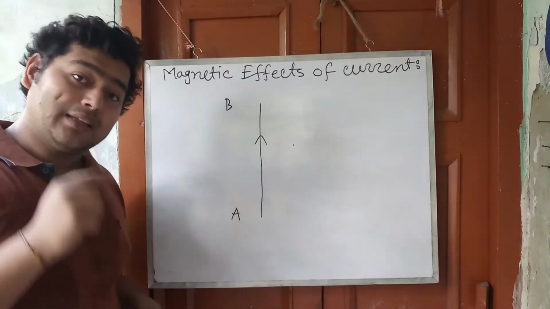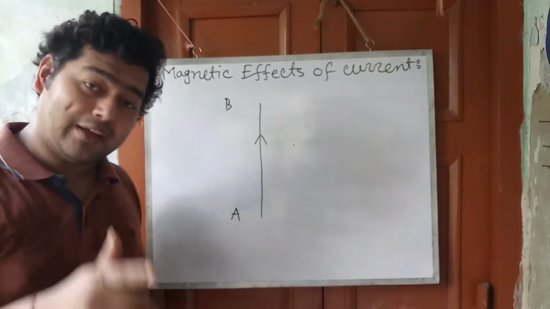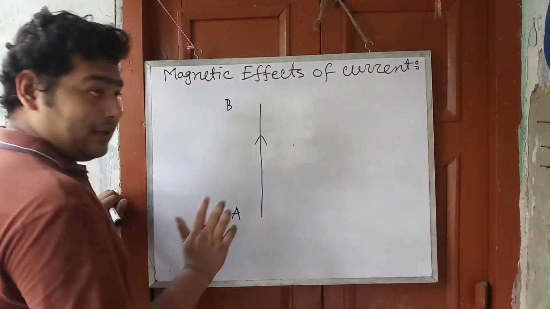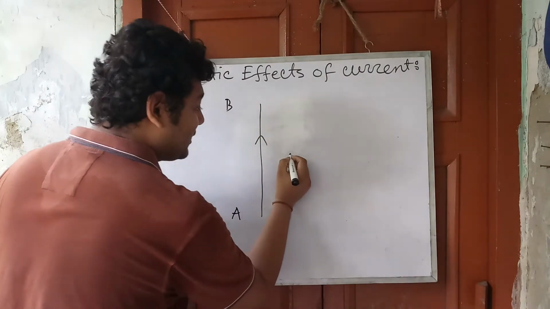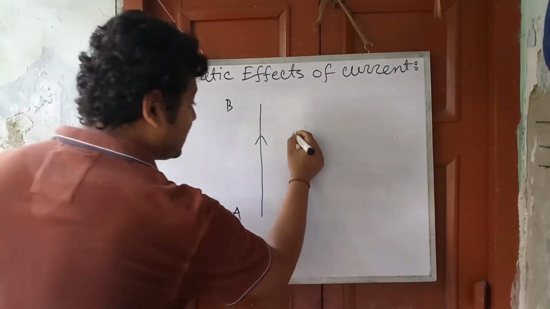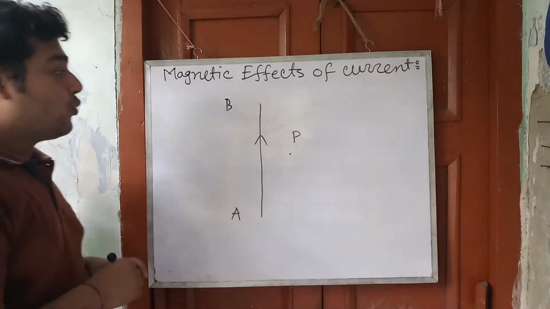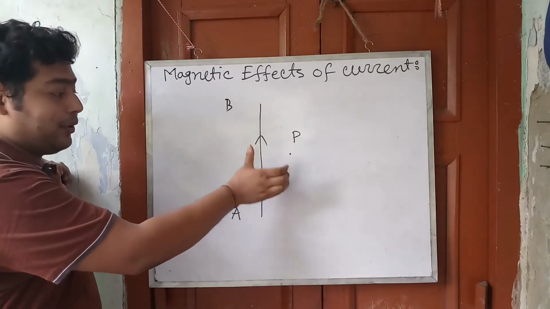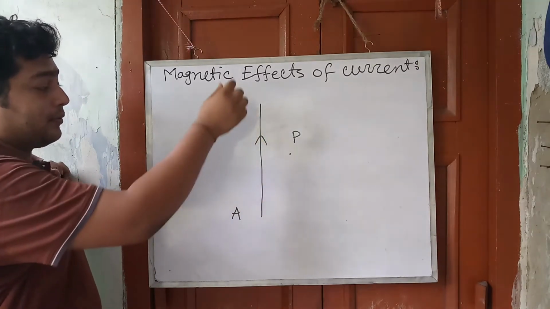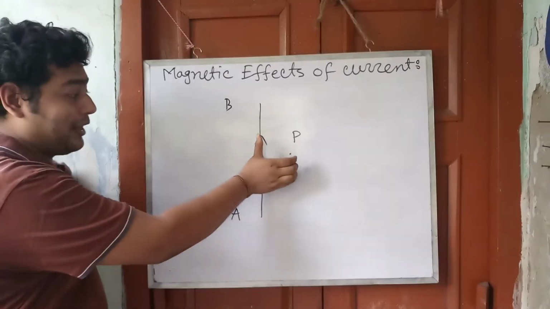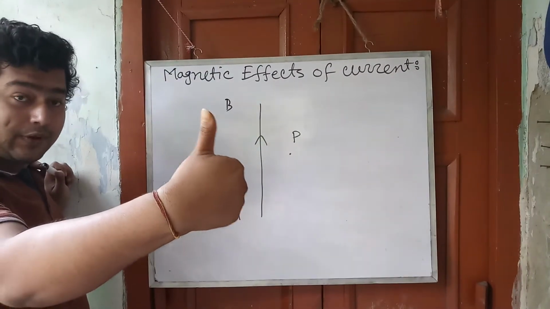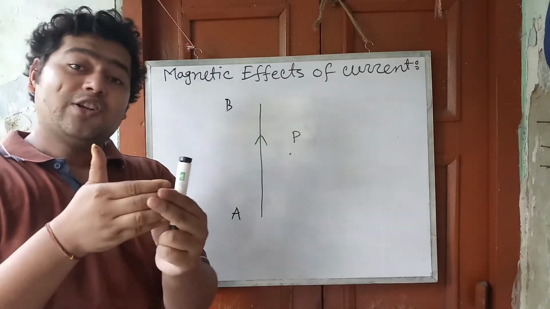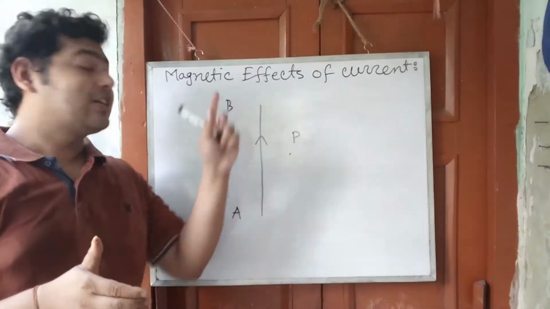We can determine this direction by using Fleming's right hand rule. For this point, suppose this point is P, we place our thumb in the direction of current, then by the direction of the other fingers we get the direction of the magnetic field.